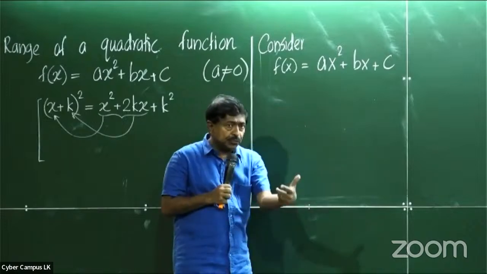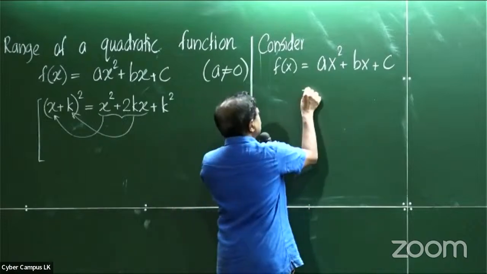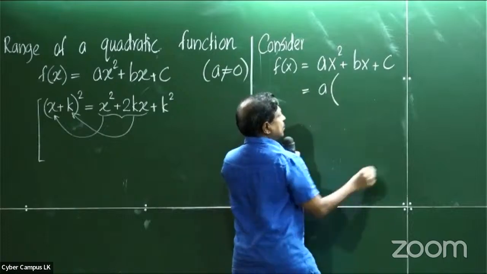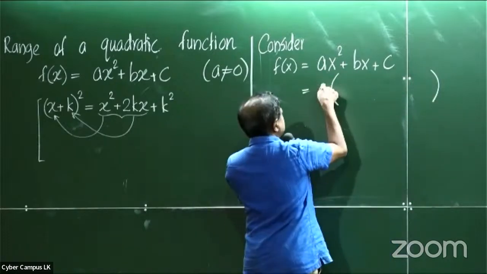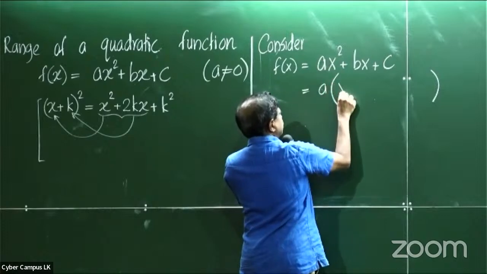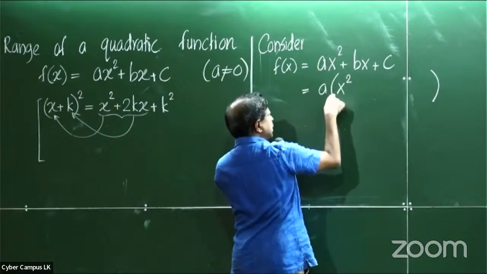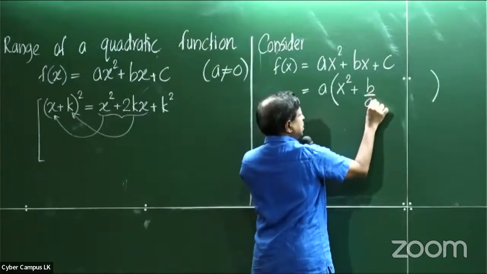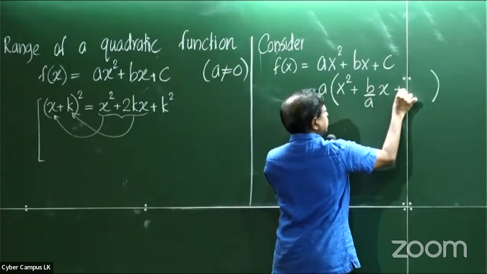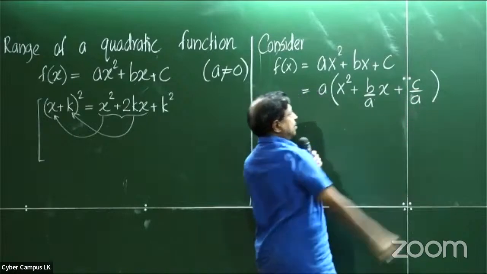So you make it 1. To do that, you pull out a. When you pull out a factor, you have to divide everything by that value. So it will be x squared plus b over a times x, plus c over a.